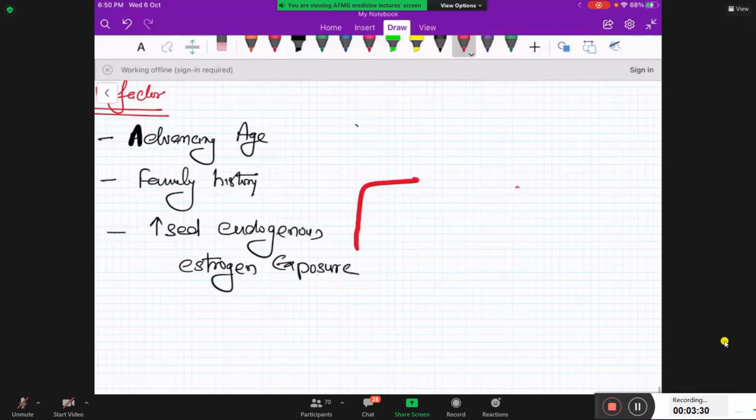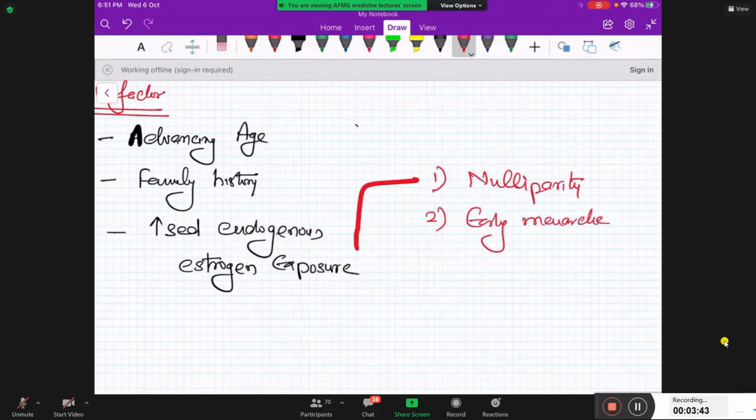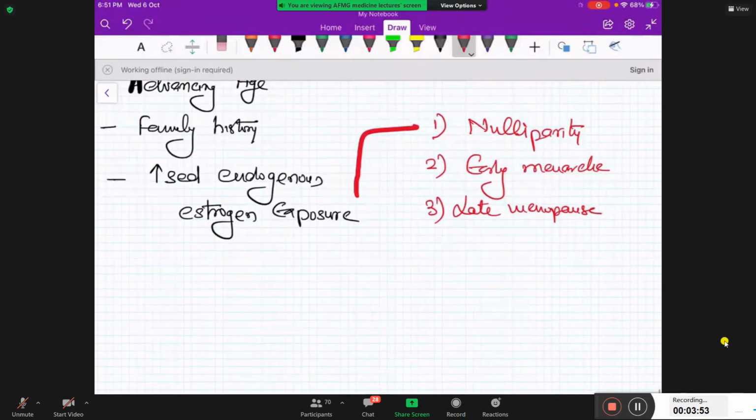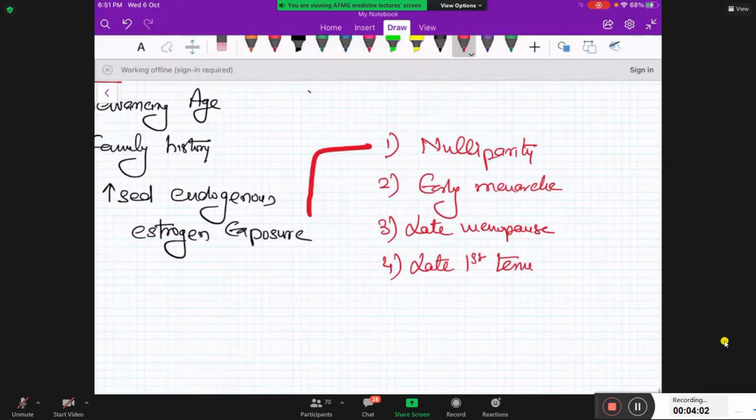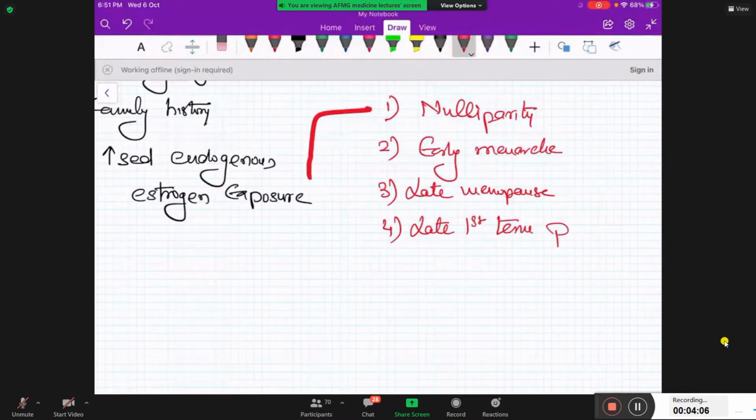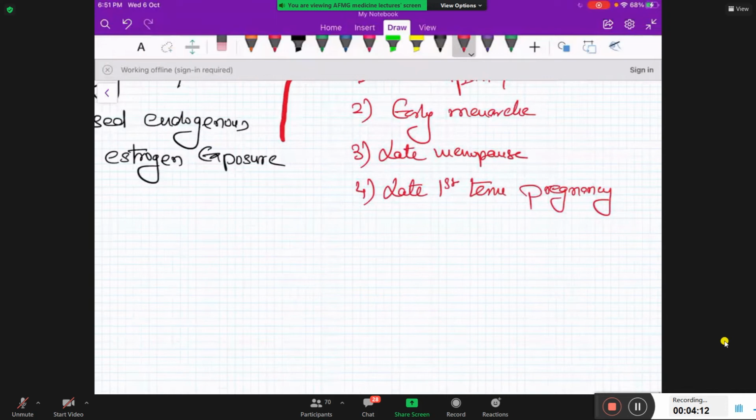One, nulliparity, early menarche, late menopause, late first term pregnancy, and also obesity.